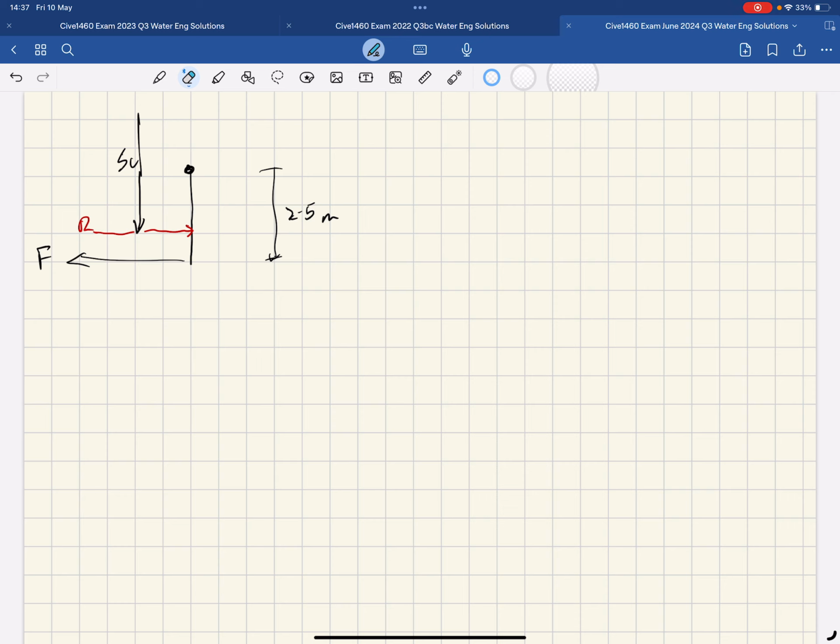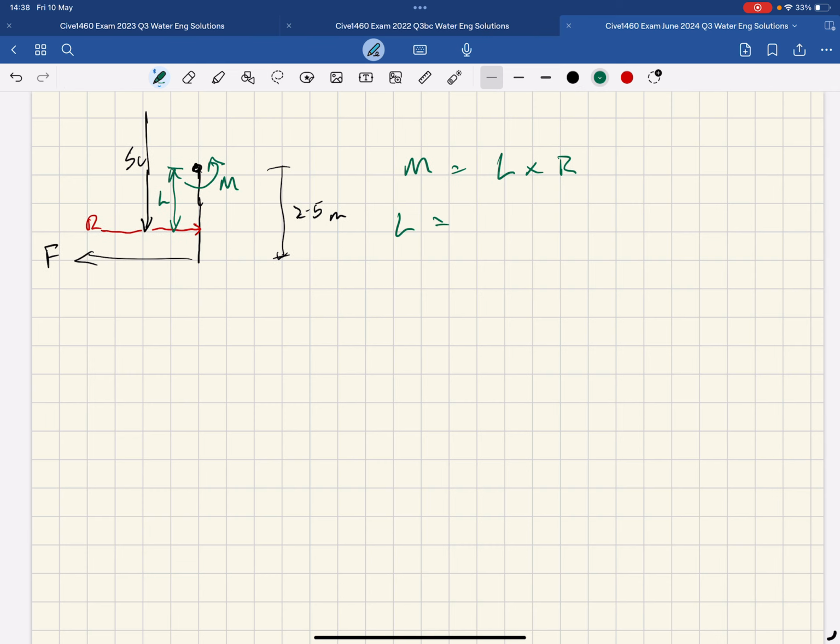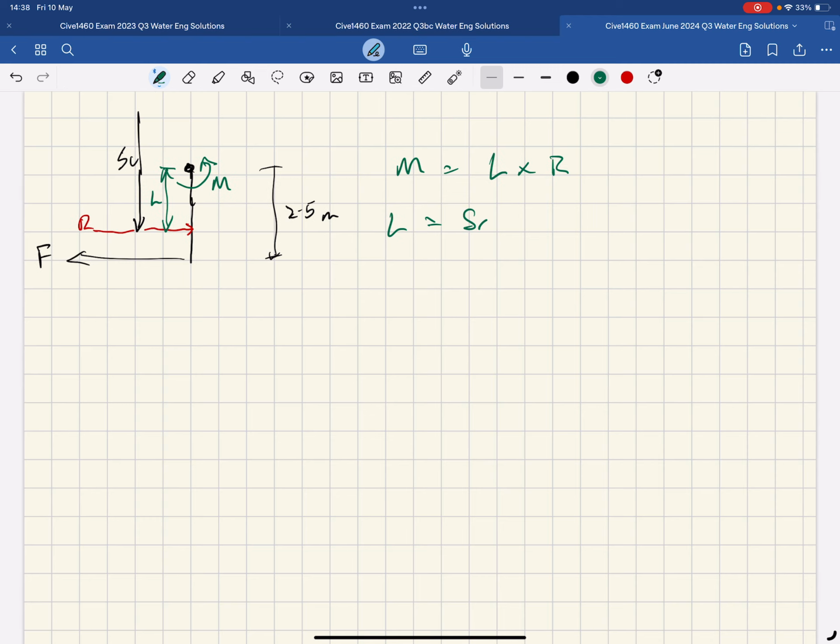Okay, now what moment is this causing? R is causing a moment round here, so that's M. M is equal to L times R, where L is this lever arm, and L is equal to SC minus, well, the depth to the hinge, which was 4.5 meters.